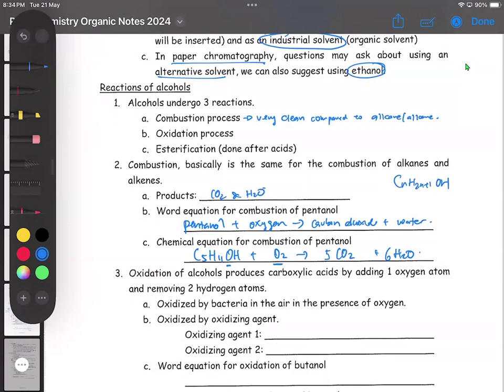Okay, so let's put a number in front of O2 in order to balance everything. On the product side, you see there's a total of 10 plus 6, 16 oxygen atoms.